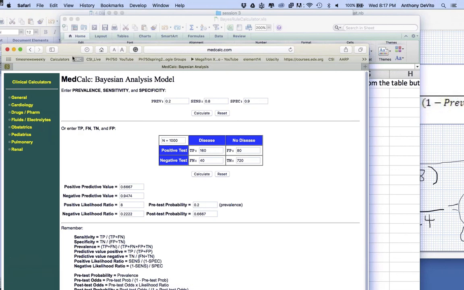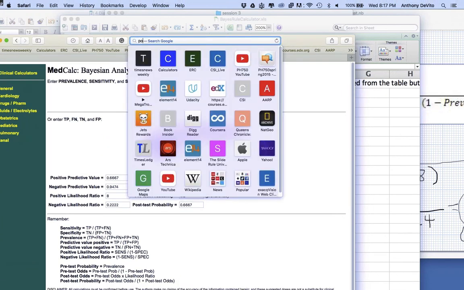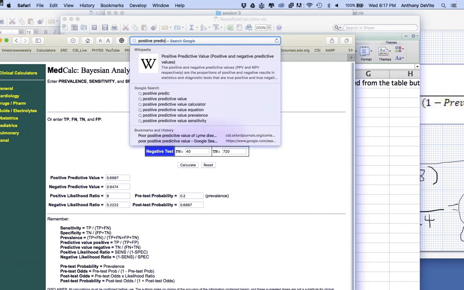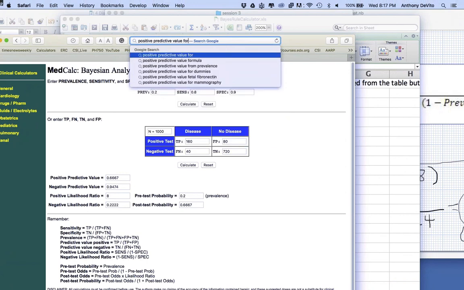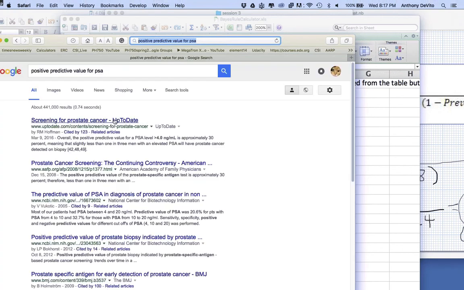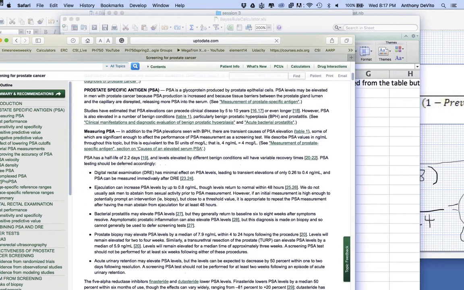Let's just take a quick look here. Let me just do another quick search here. Positive predictive value for PSA. See if they say anything about screening for prostate cancer. I saw it there.